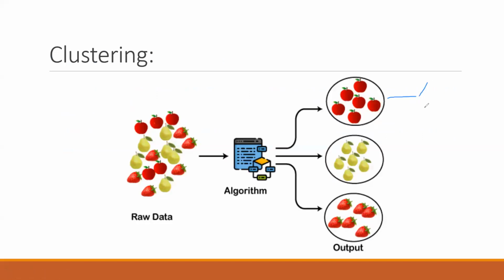So we can say this is C1, this is C2, and this is C3. This is how the algorithm works. It basically works on the patterns from the raw data which is available to the model. So this is all for clustering.